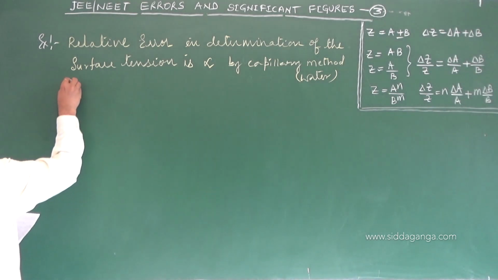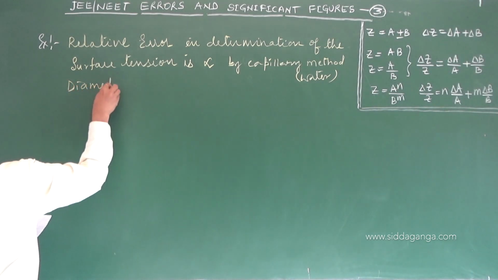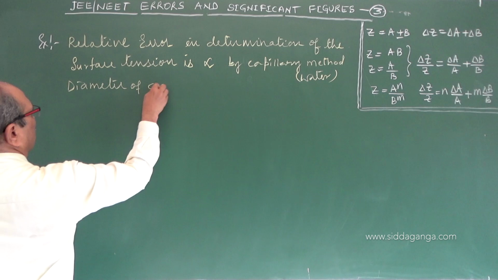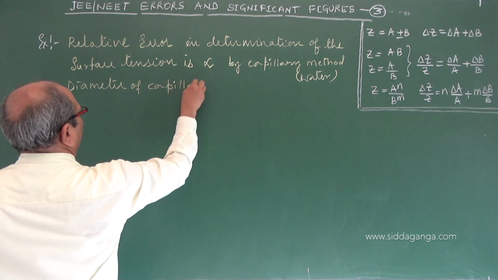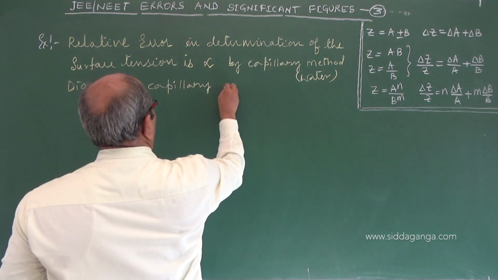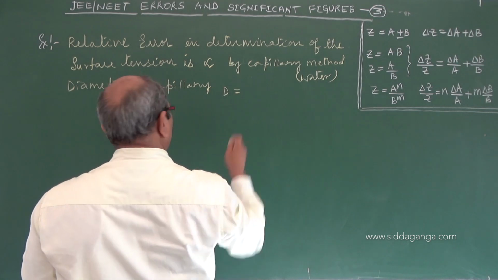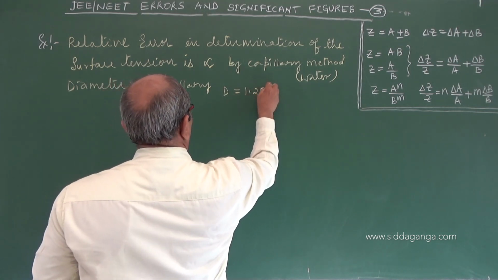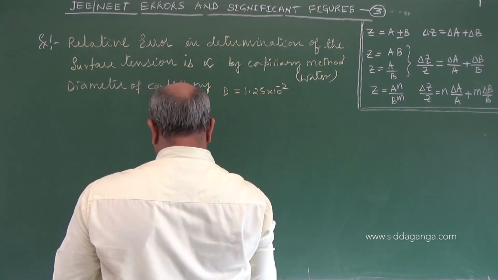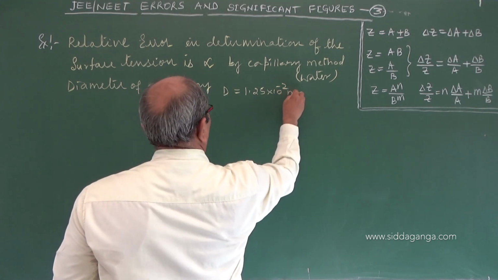Diameter of capillary D is equal to 1.25 into 10 power minus 2 meter.